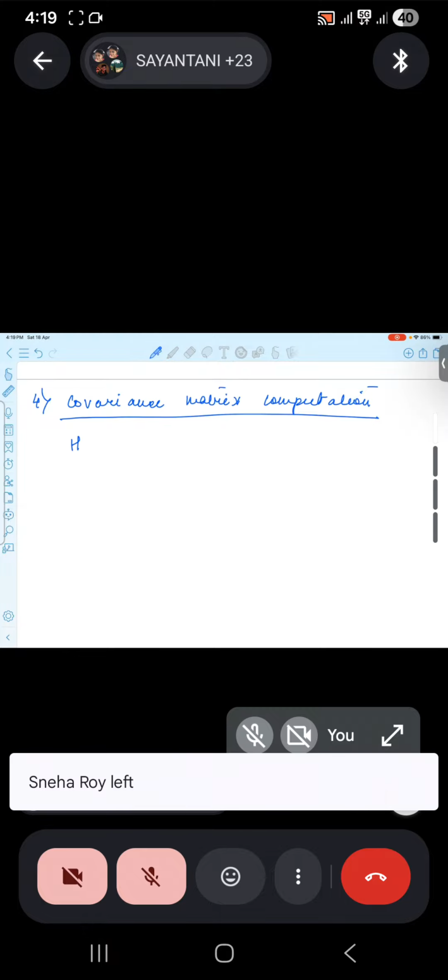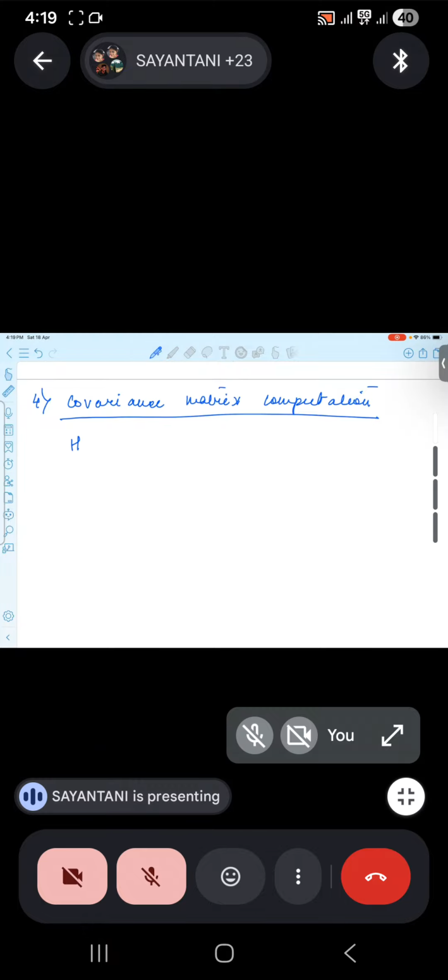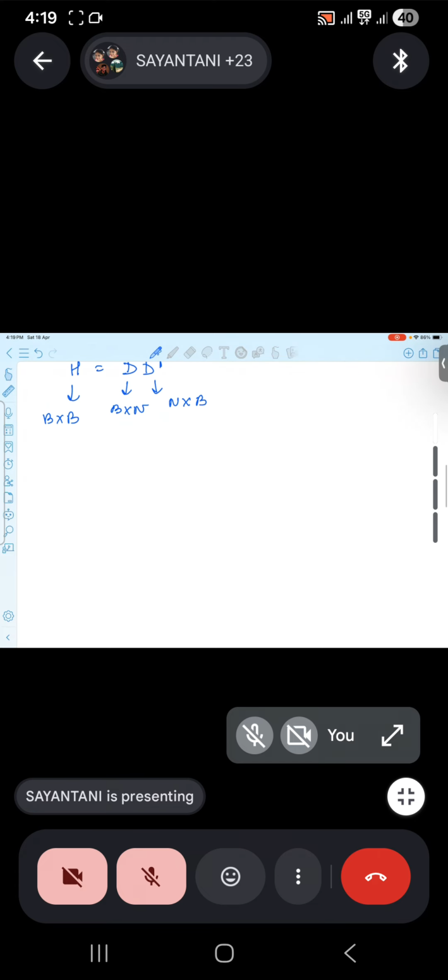So we have studied earlier how to compute a covariance matrix. You just have to multiply the original matrix with its transpose, right? So if D, we remember, it is B cross N, then D transpose will be N cross B. So the H matrix will be nothing but B cross B. So how does it look?